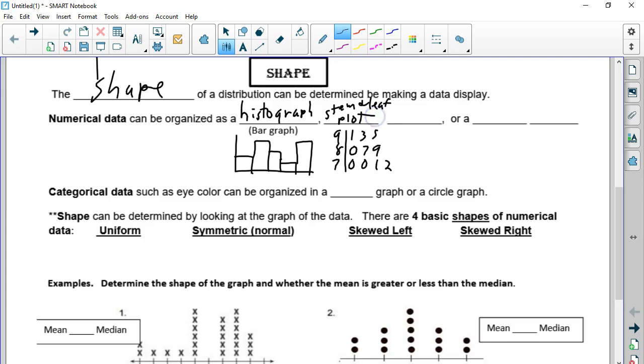This whole thing was supposed to be stem and leaf plot. And then box and whisker, or just called a box plot.